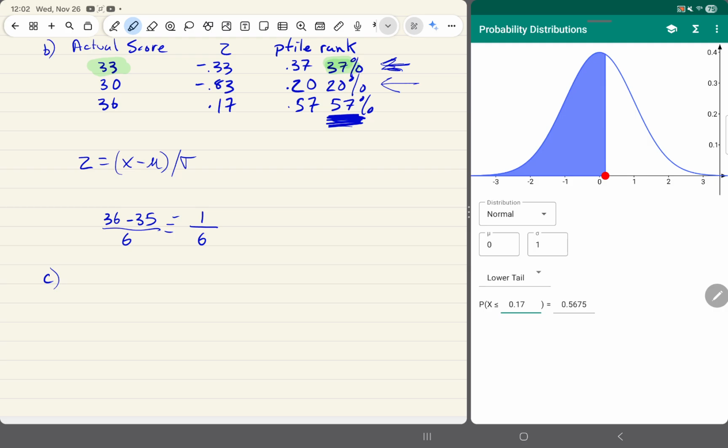All right, I'm not going to go on to part C because that would mean I'd have to compute all of these scores.